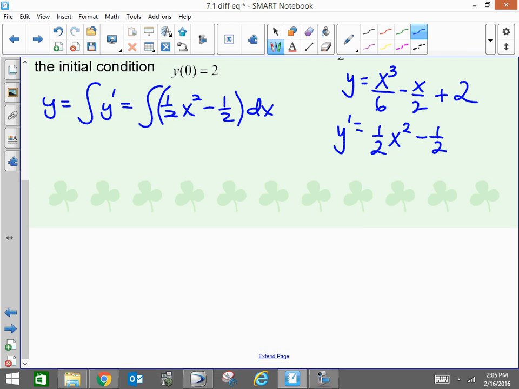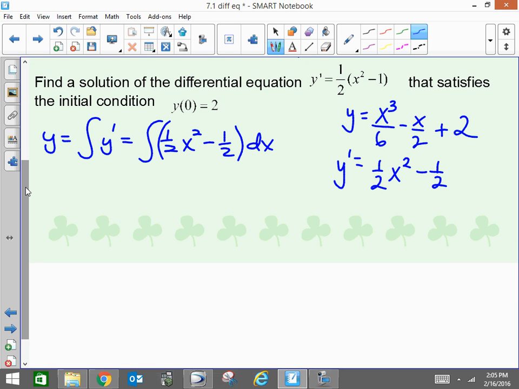That 1/2 gets distributed. And then you did what? X to the 3rd over 3, which is x cubed over 6. So far, so good. And then 1/2 x here and c, right?